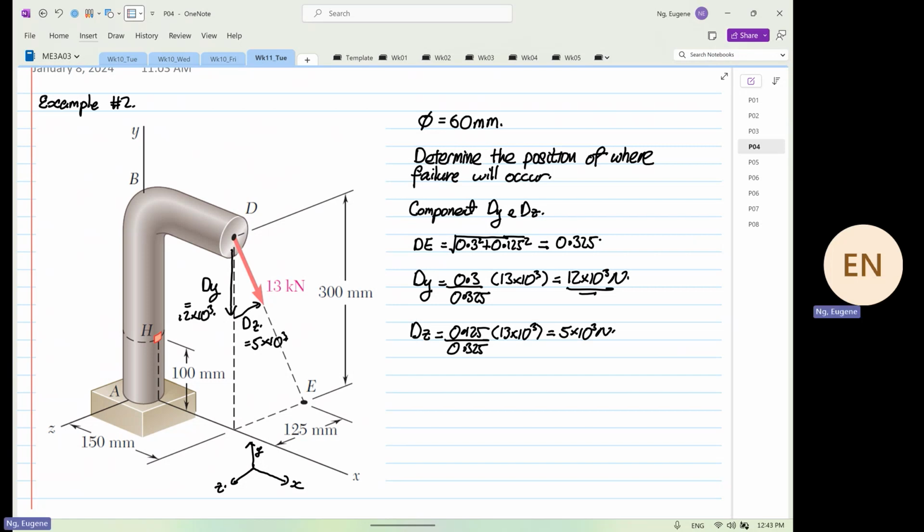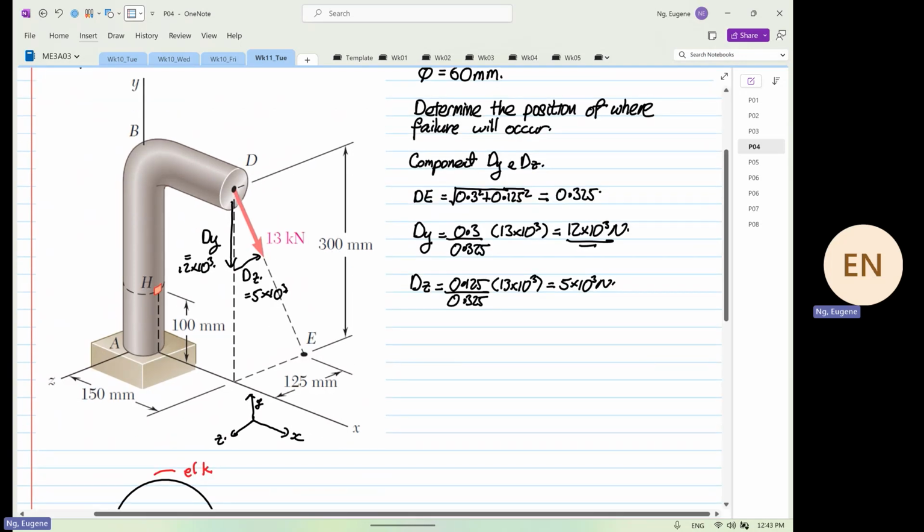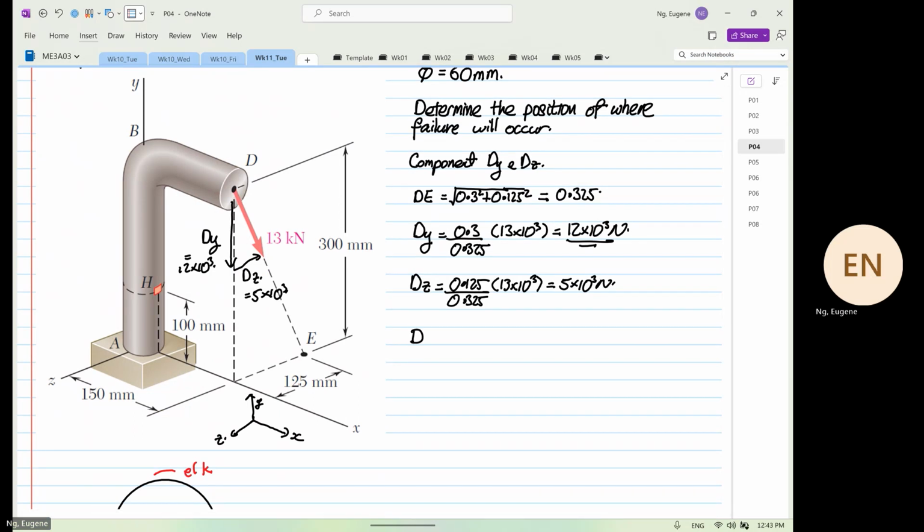From here, we view things from different views. The next thing we are going to determine is our axial force, which is very obvious. This is our axial force.